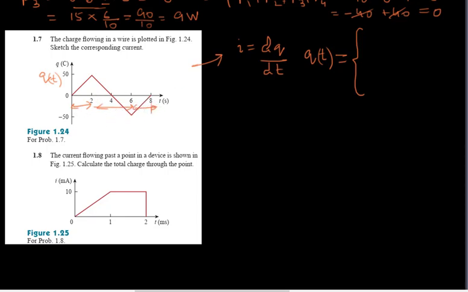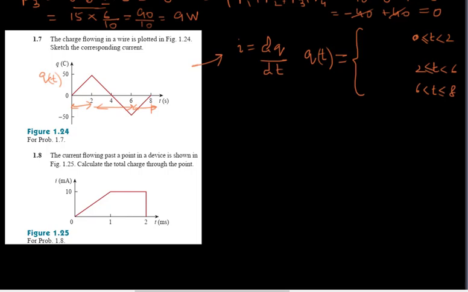The first part of the function would be defined for time greater than or equal to 0 but less than 2 seconds. The second part is going to be between 2 seconds and 6 seconds, and the third part is going to be between 6 seconds and 8 seconds. This is how you are going to describe the function in three parts.